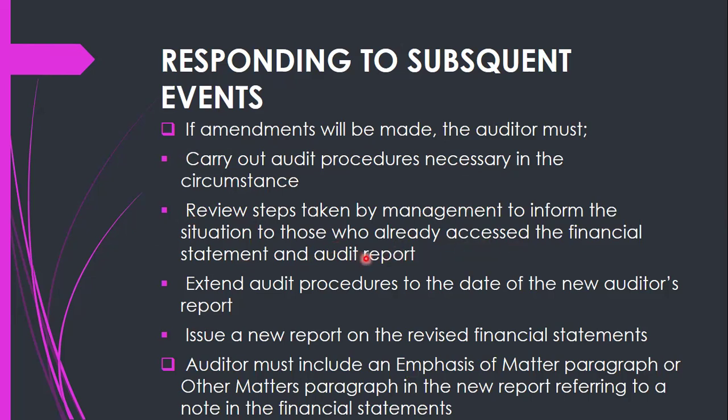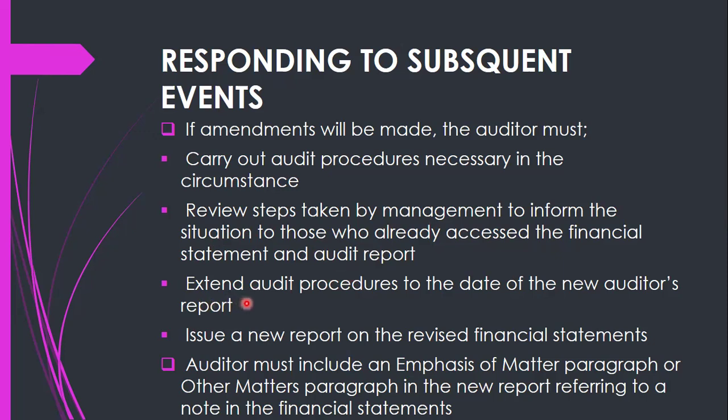So before the financial statements were released, some facts or maybe a misstatement has been discovered after financial statements have been released. But those financial statements have already been accessed by different individuals, right? And that's why the auditor needs to review the steps management has taken to inform those who have already accessed the financial statements and the audit report, right?